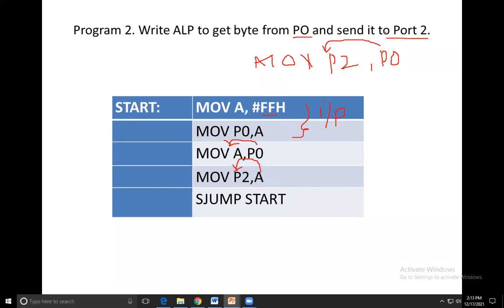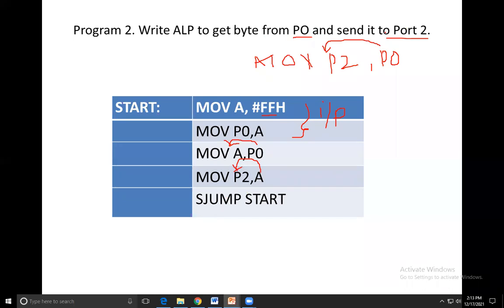Understand that this is the program for simple programs. Such programs are asked in the examination, to transfer data from port 0 to port 2.